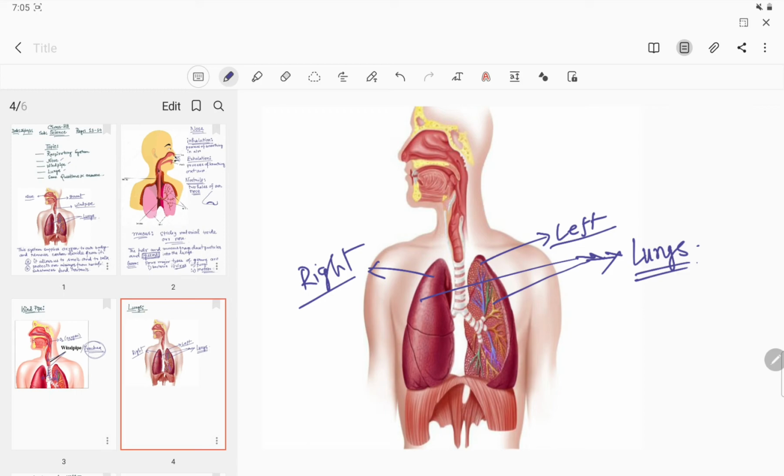We have a pair of lungs located in the chest cavity. Here is the chest cavity. So the pair of lungs is located inside the chest cavity.